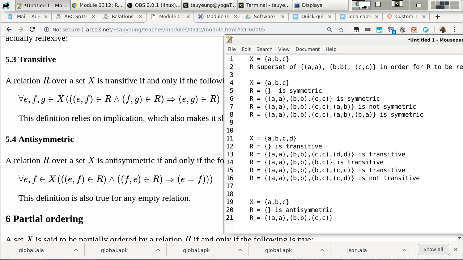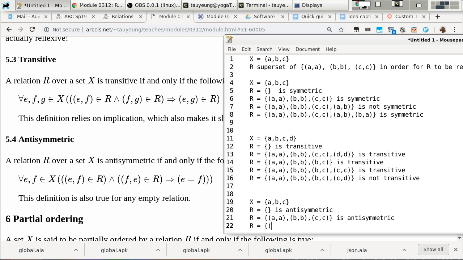Well, E and F are both A, so E equals F is true. There's no way you can pick F and E so that you can make the conjunction true, but E and F are different according to this. Okay? Okay, so this is anti-symmetric.